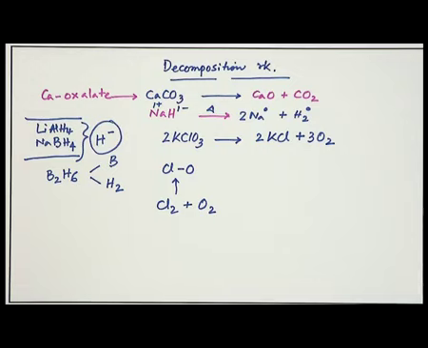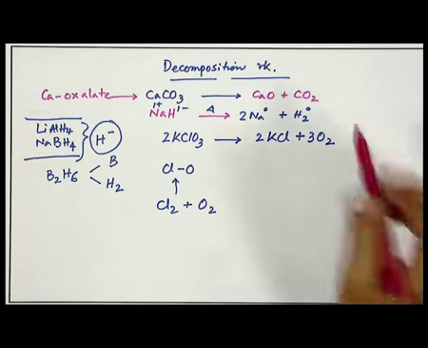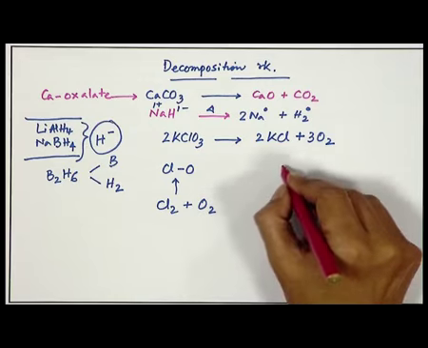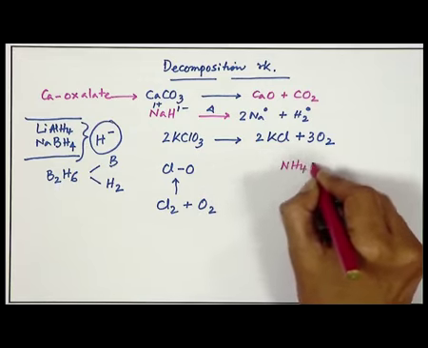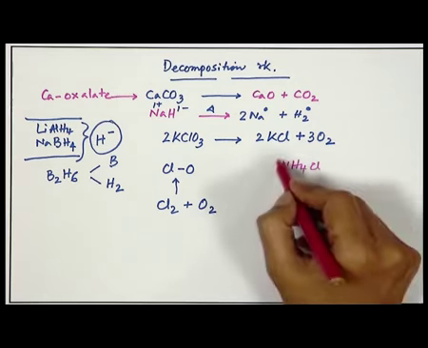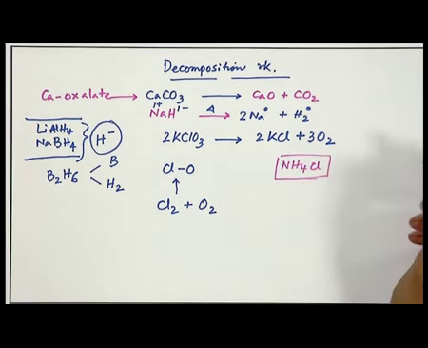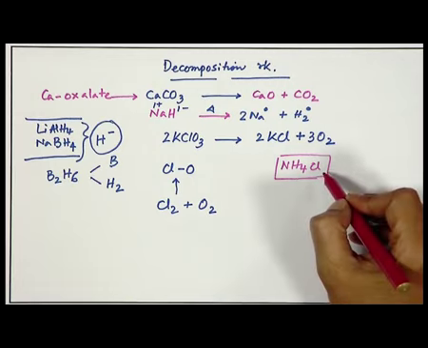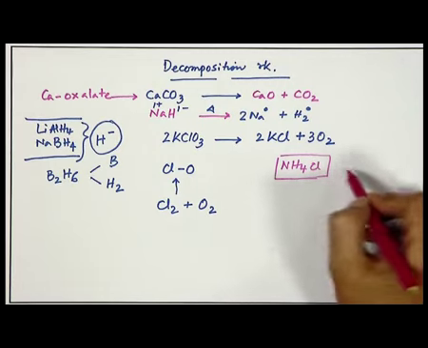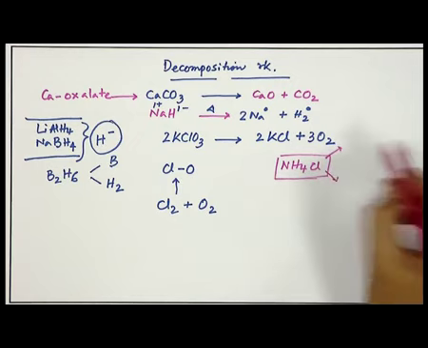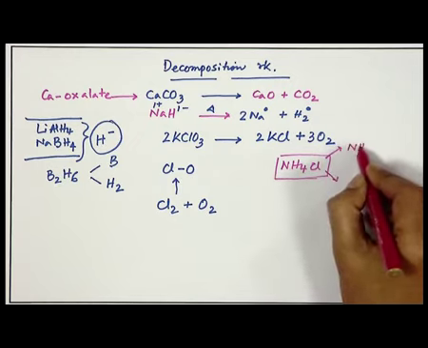So, all these chlorates will be explosive in nature. So, this particular decomposition reaction also is valid for simple ammonium chloride. We all know that ammonium chloride we can form from ammonia gas and hydrochloric acid or HCl gas also. So, this can be decomposed also into two things, that means NH3 and HCl.